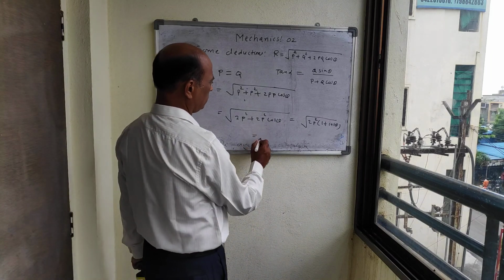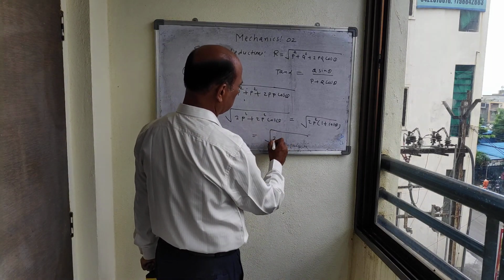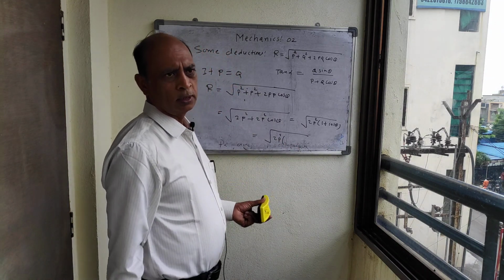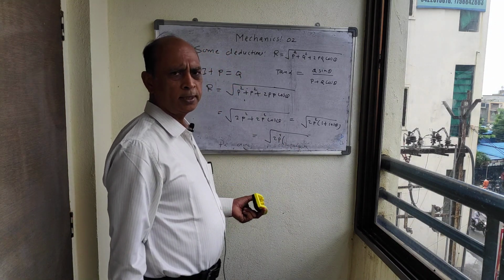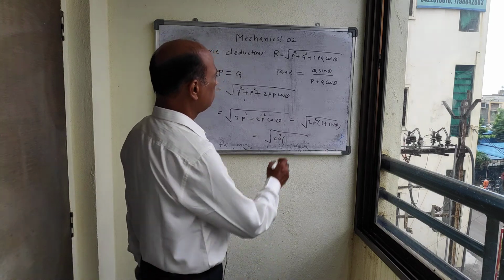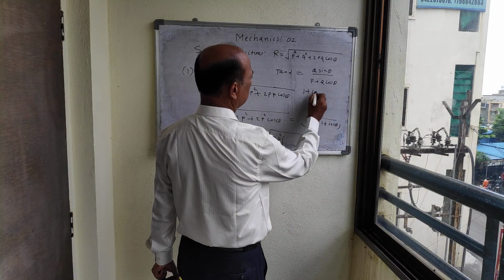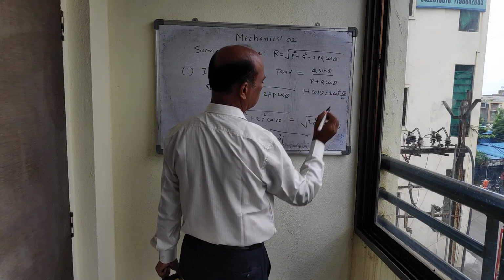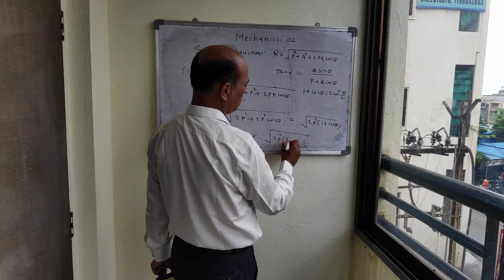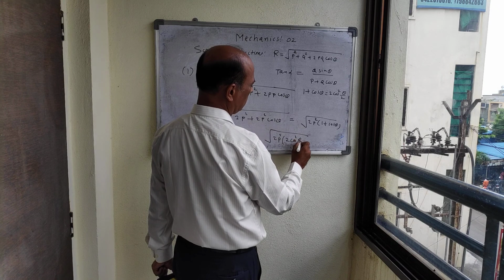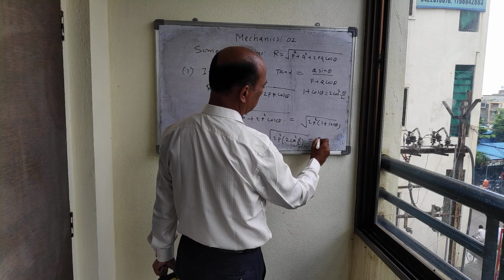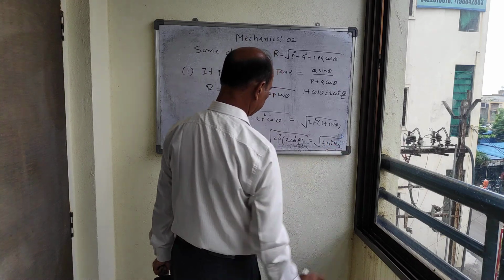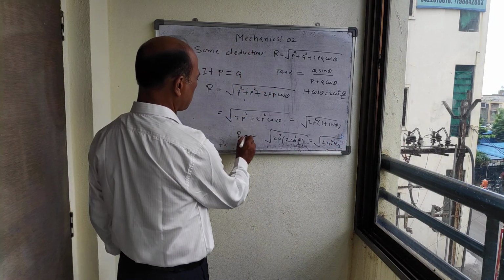Now 1 plus cos theta is a well-known identity in trigonometry: 1 plus cos theta is equal to 2 cos square theta by 2. So here we can write 2P square into 2 cos square theta by 2, that is 4P square cos square theta by 2. So this is R.